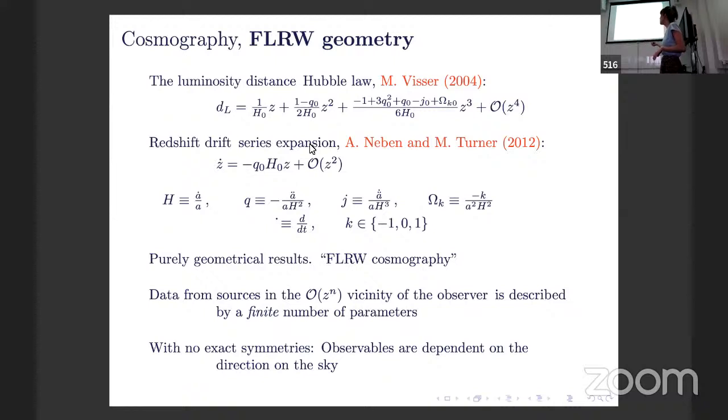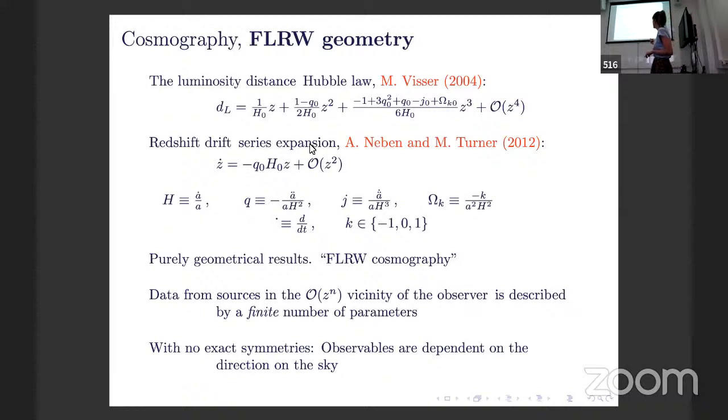And in this universe idealization, we can write down luminosity distance as a Taylor series expansion in redshift, where the first order term here is what you would know as the usual Hubble law, where the Hubble parameter provides the proportionality law between distances and redshift when we are close enough to the observer.